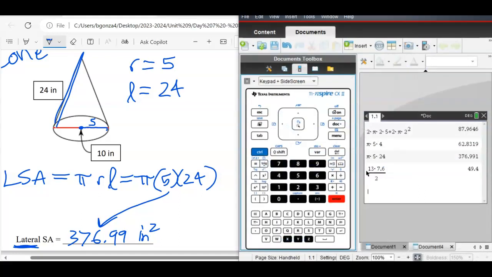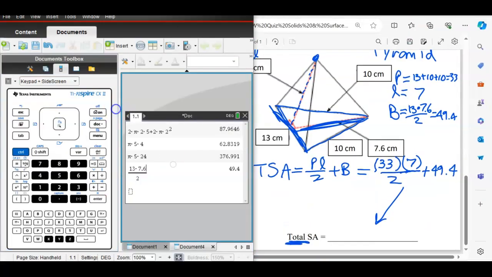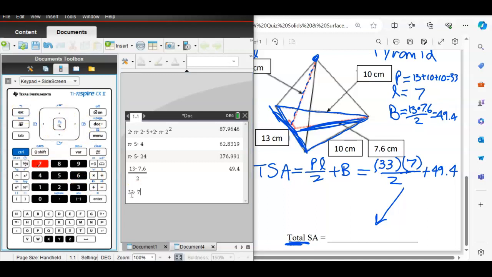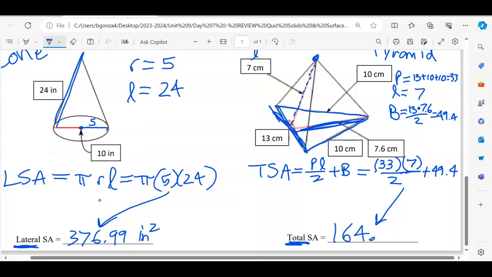Let's do that and get our final answer here. 33 times 7 over 2, go to the right, plus 49.4. And we get 164.9 in our calculators, centimeters squared.